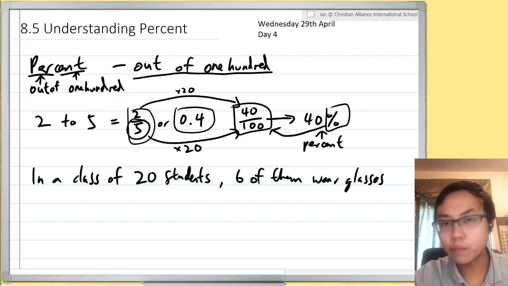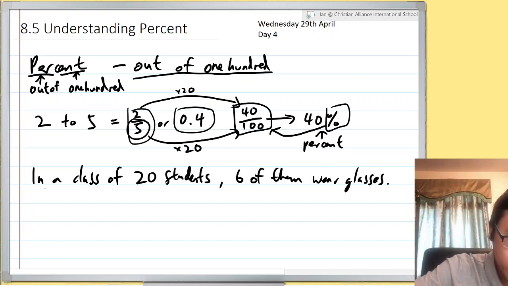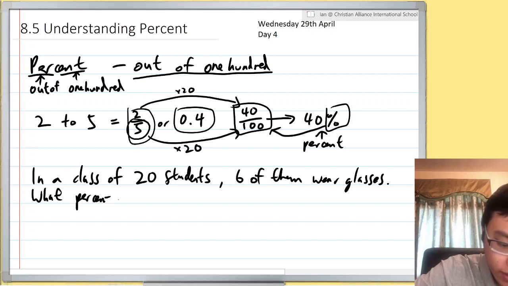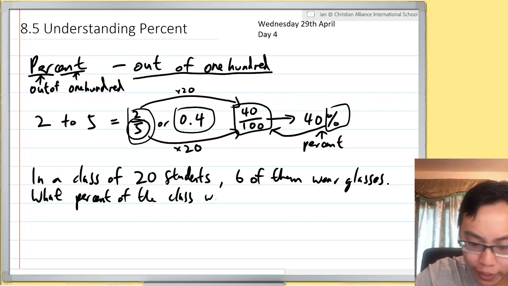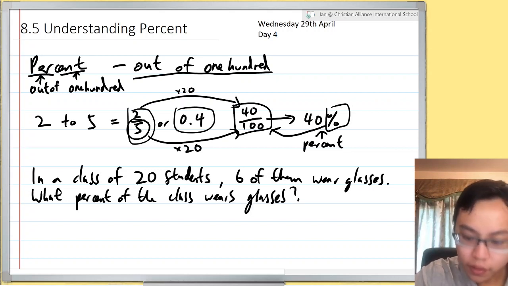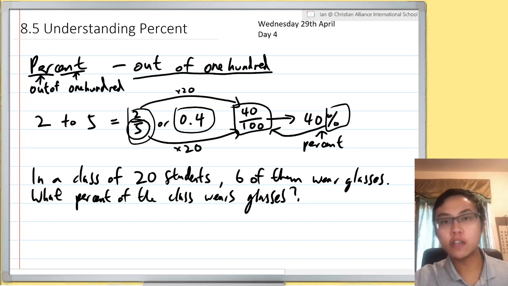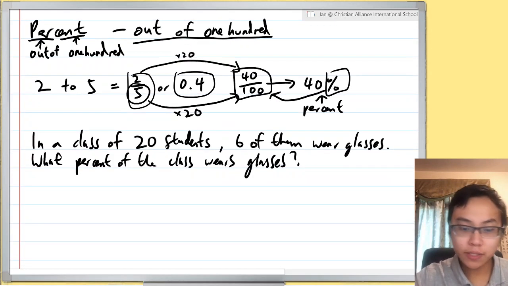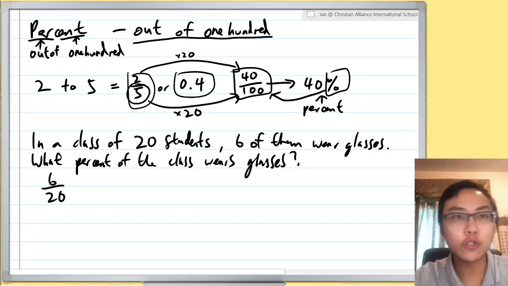That's a very low number; I'm just making up these numbers. If I want to ask you what percent of the class wears glasses, first let's think of it in terms of a fraction. What fraction of the class wears glasses? It's 6 out of 20 of the students.